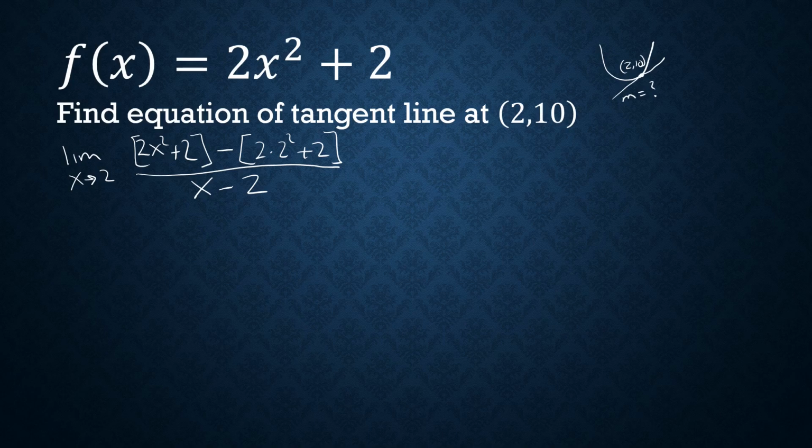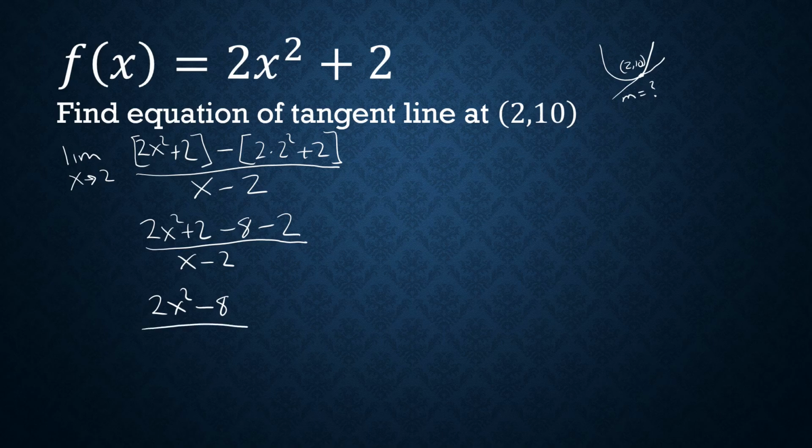Alright, so we multiply this out, we have 2x squared plus 2, minus 2 times 2 squared, 4 times 2 is 8, so minus 8, then minus 2, so you got to distribute the negative. That's going to be over x minus 2. If I reduce the top, I get 2x squared, and 2 minus 8 minus 2 leaves me with negative 8, over x minus 2.